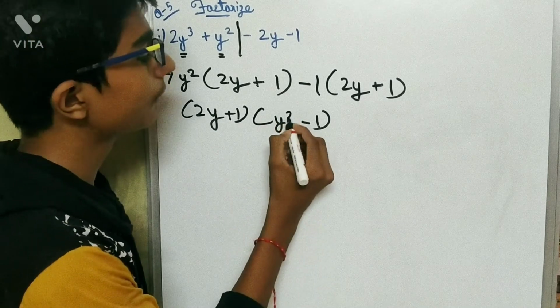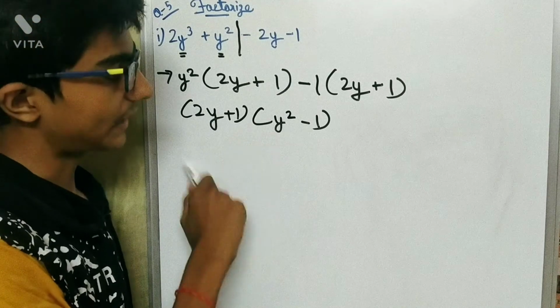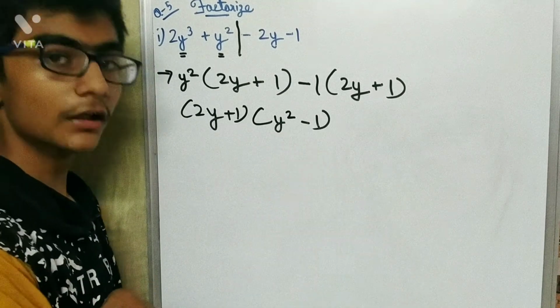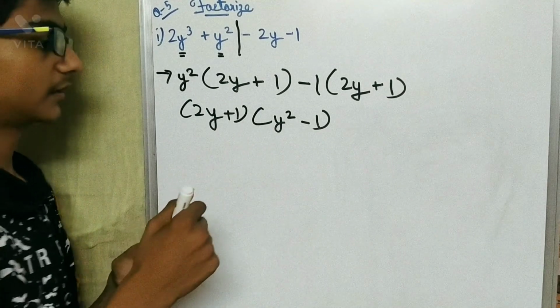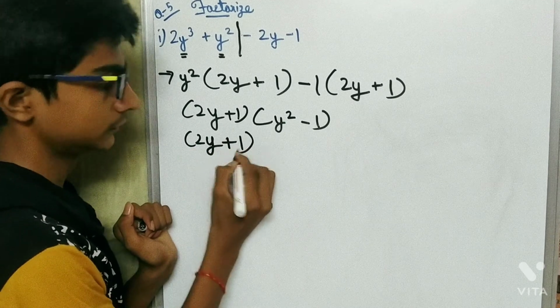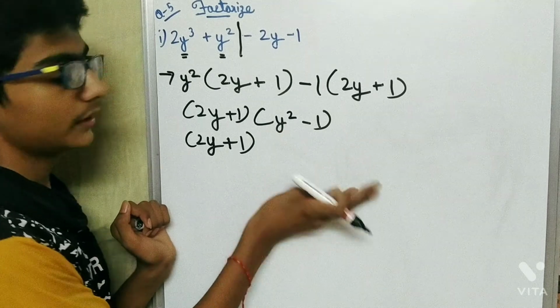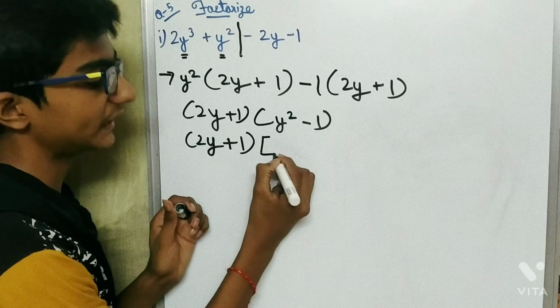But if you have given power in any of the brackets more than 1, then you will have to continue forward, and that is 2y plus 1, and then here an identity comes, the a square minus b square identity, that we will apply here.